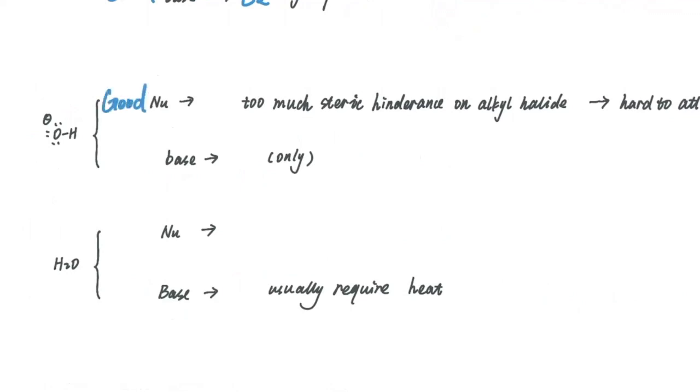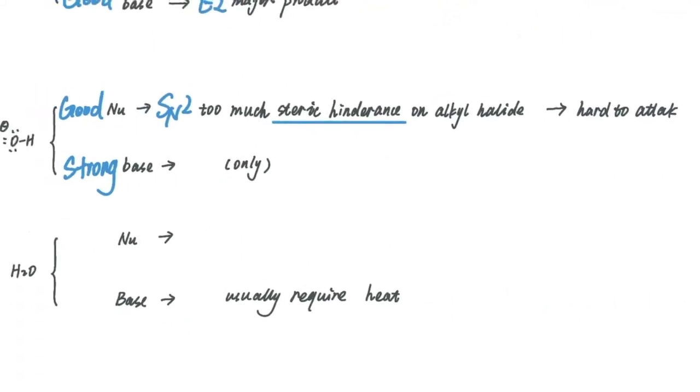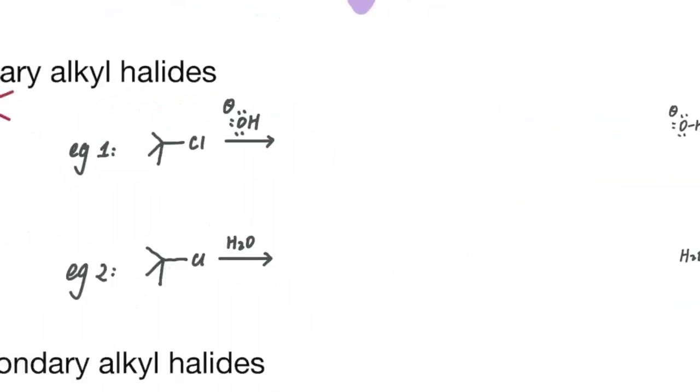OH minus is a good nucleophile, and it's also a strong base. But for SN2, there is too much steric hindrance, which SN2 hates. So it's going to be very hard to attack, so there will be less SN2. But E2 won't be affected. So the major type of reaction of this one is going to be E2. And it's going to look like this.